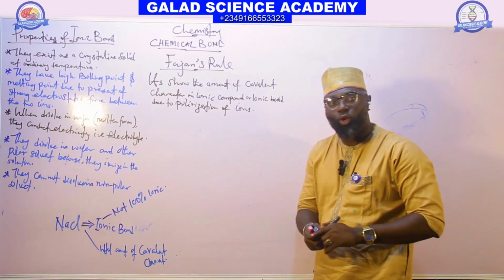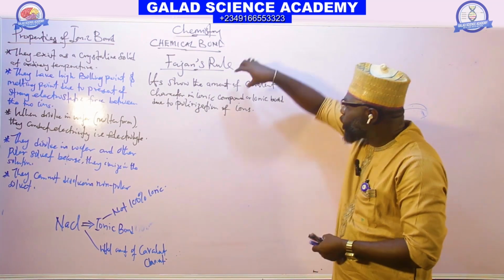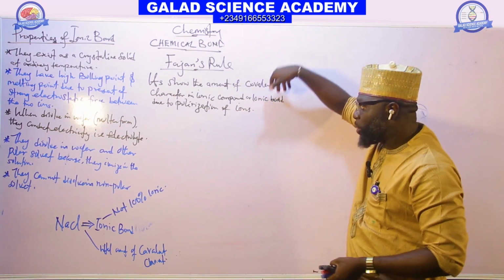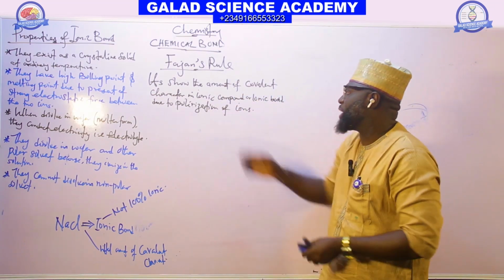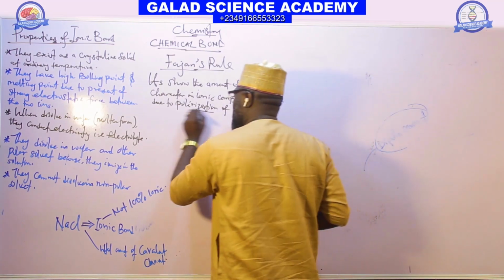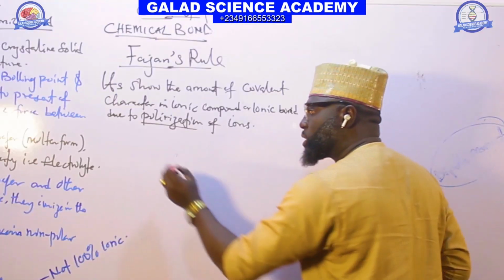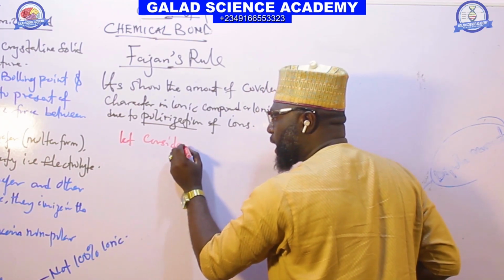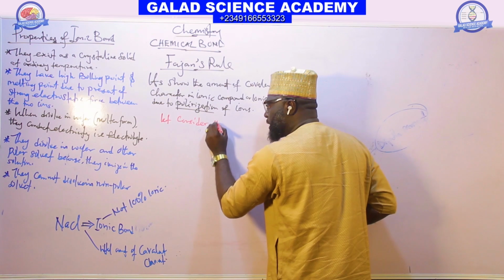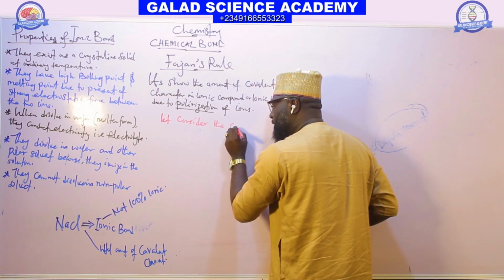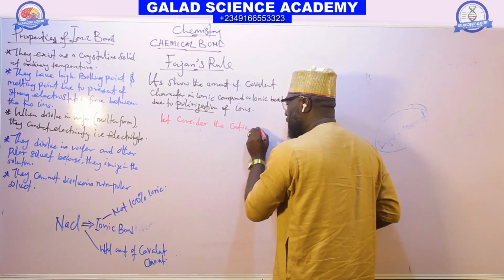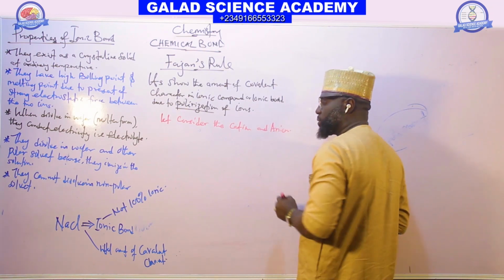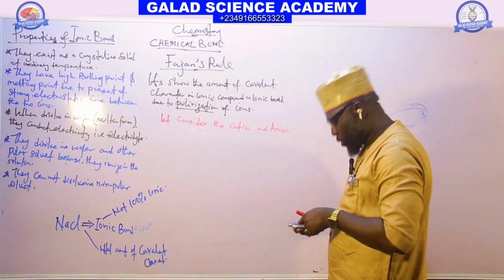So Fajan's rule shows the amount of covalent character in an ionic bond or compound due to the polarization of ions. Let's consider the cation and the anion.